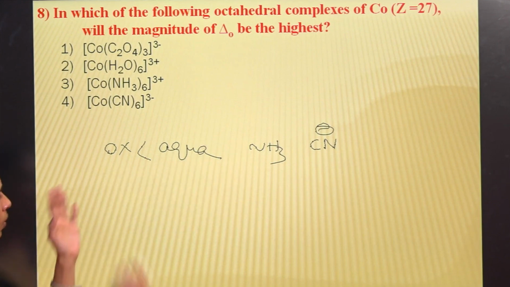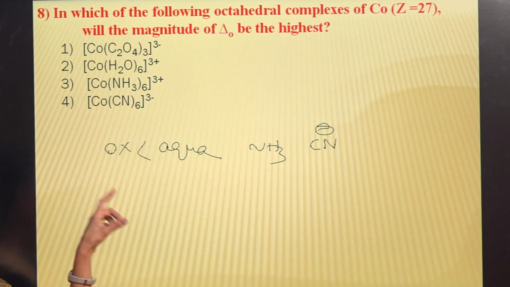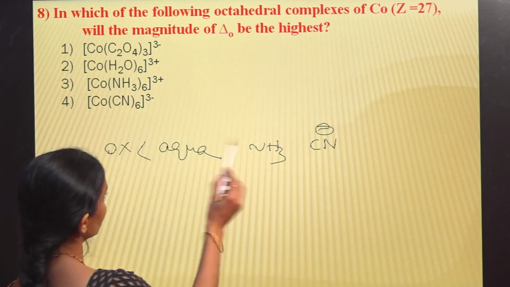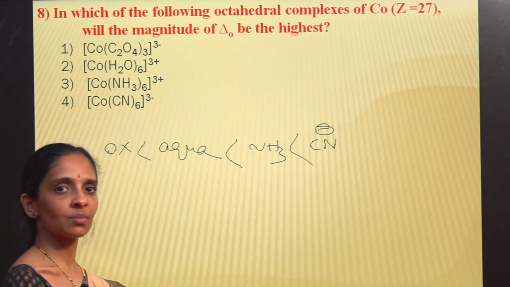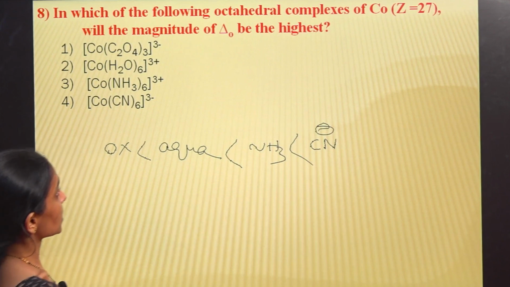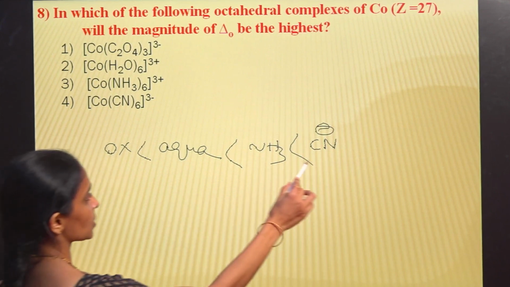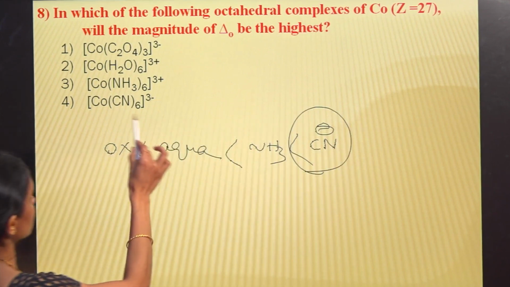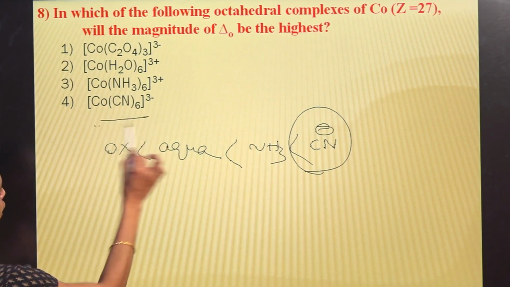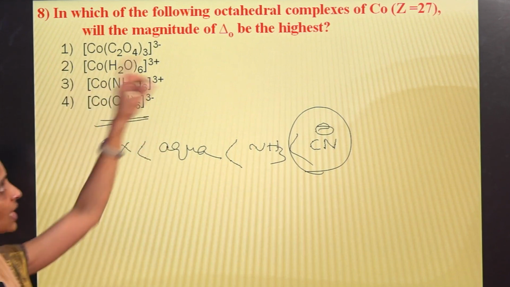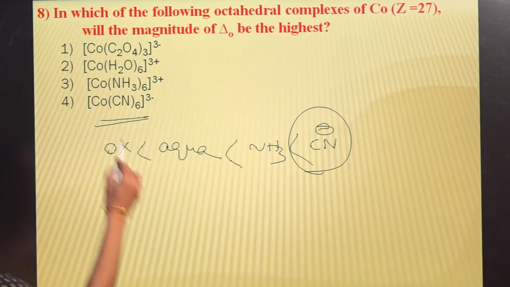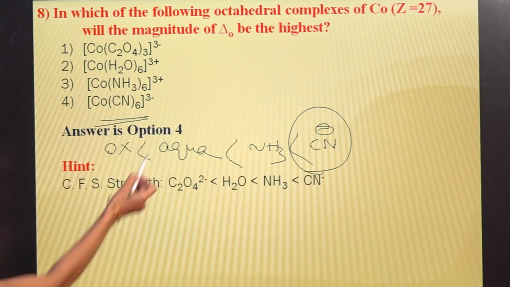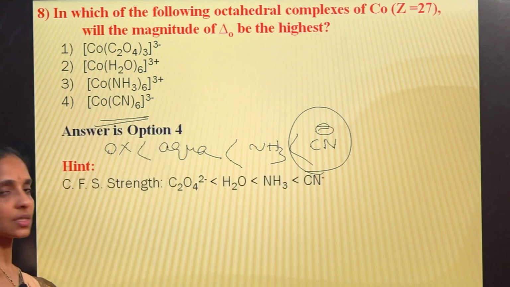Among these 4, oxalato has the least power of crystal field splitting, then comes aqua, then comes amine, and finally comes cyanido. That is why this is a strong field ligand, and hence the complex formed by it will have the highest delta O. So option 4 is the correct answer.